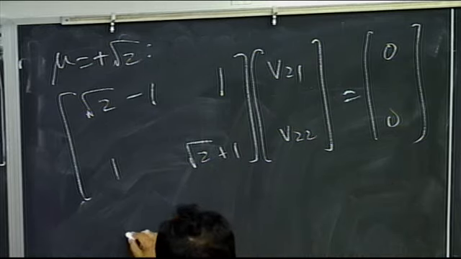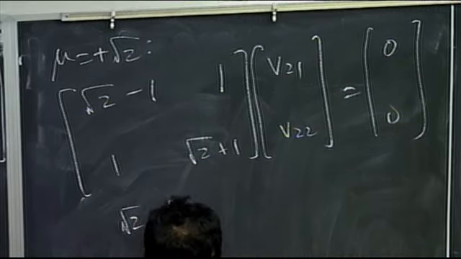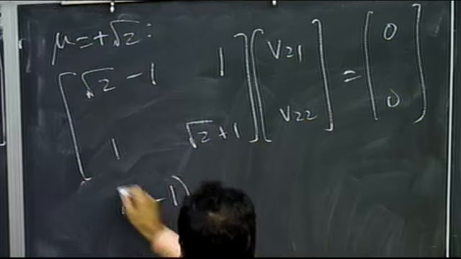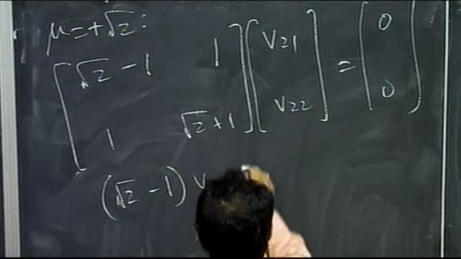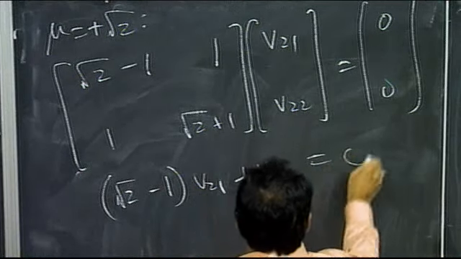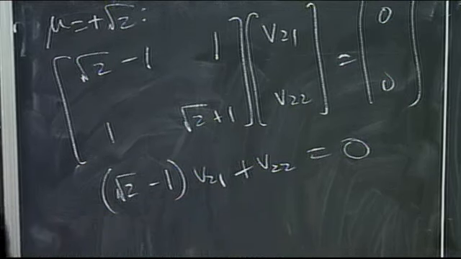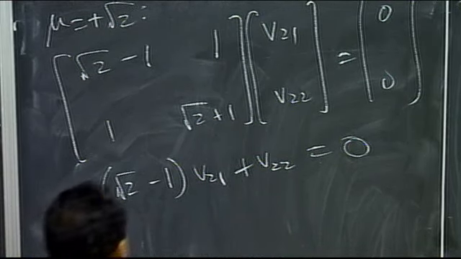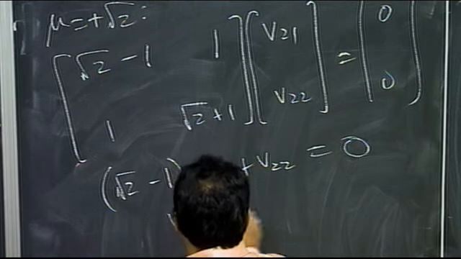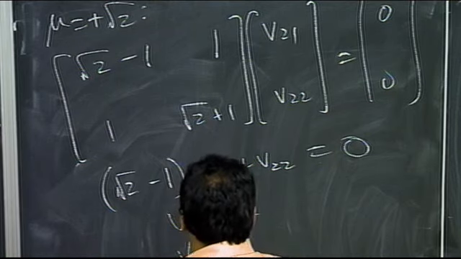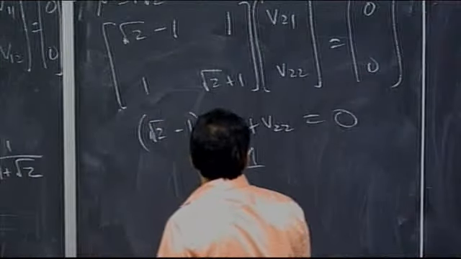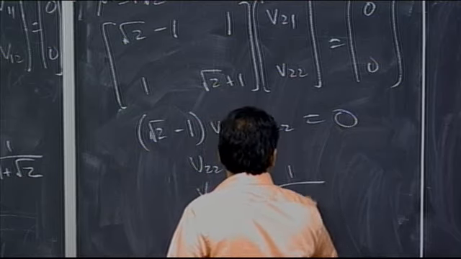So this tells me that the square root of 2 minus 1 times v21 plus v22 has to equal 0. Let's see if I did this right. Yeah, I did this right. So if I set v22 equal to 1, then what's v21? Put it to the other side. I get 1 over 1 minus the square root of 2.